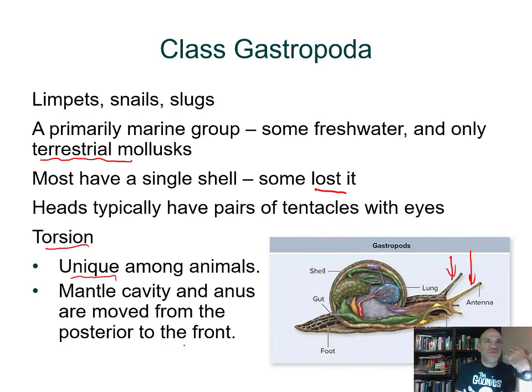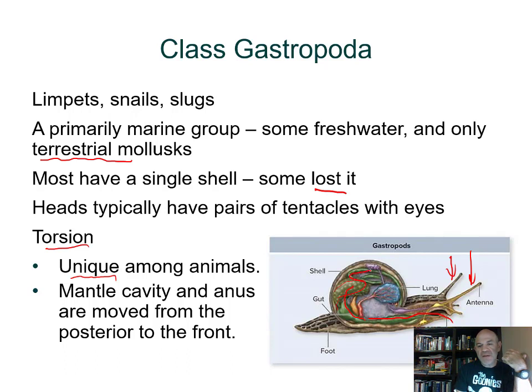So the anus is typically going to be referred to as being in the back, but let's take a look here. When the snail takes in food and we go into the digestive system, which is in green there, you can see that this now coils back around. There are some other organs within there, perhaps gonads or some other organs.